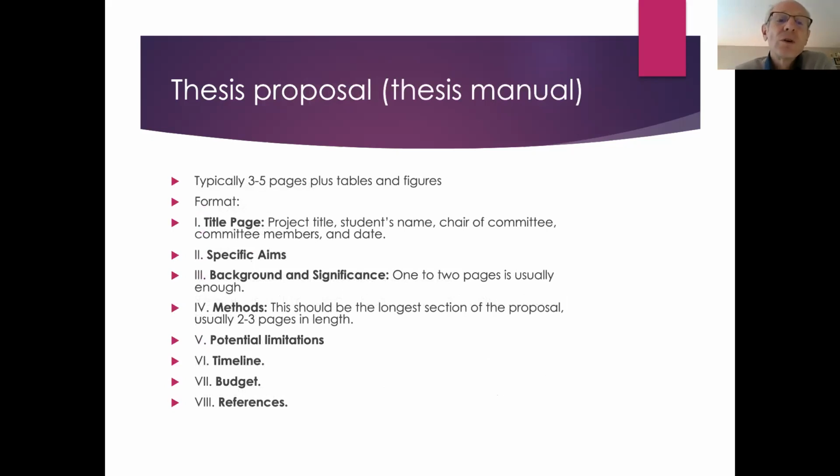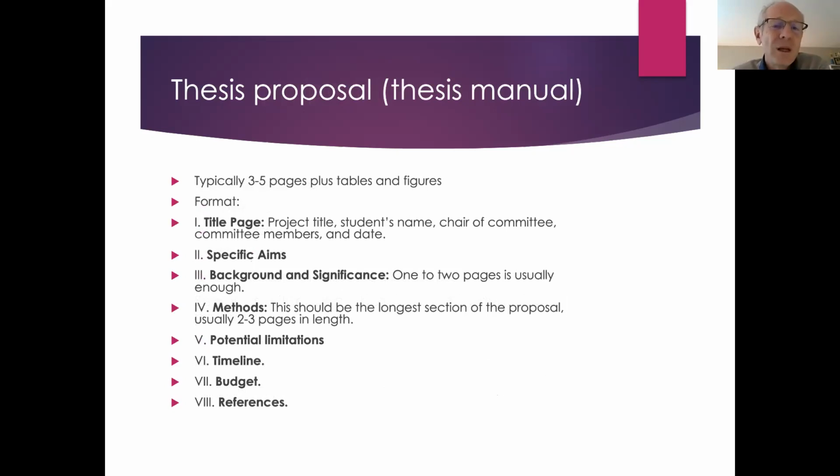This is the structure of the thesis proposal that is included in the thesis manual. As you can see, it's a short document. We would rather you dedicate your time to doing your thesis than to a lot of time on your proposal, so it has to be brief.